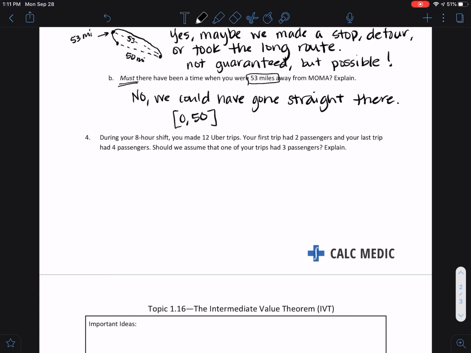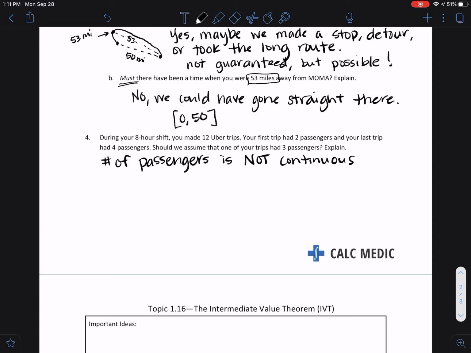Well, number of passengers, I would say, is not a continuous function, right? Number of passengers is not continuous. No matter what, it's not continuous.